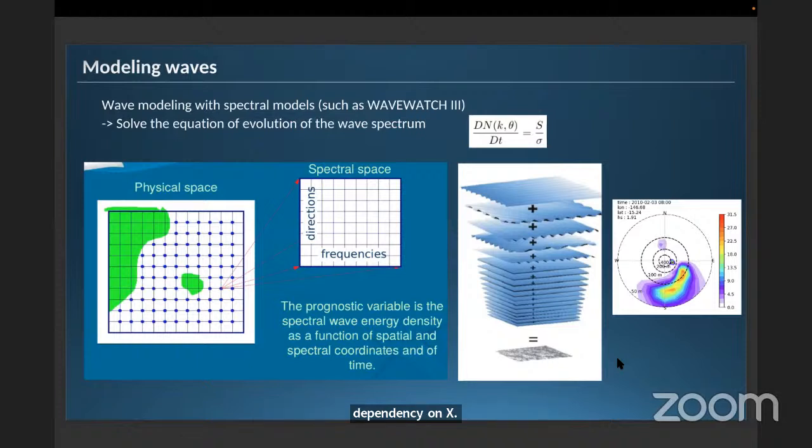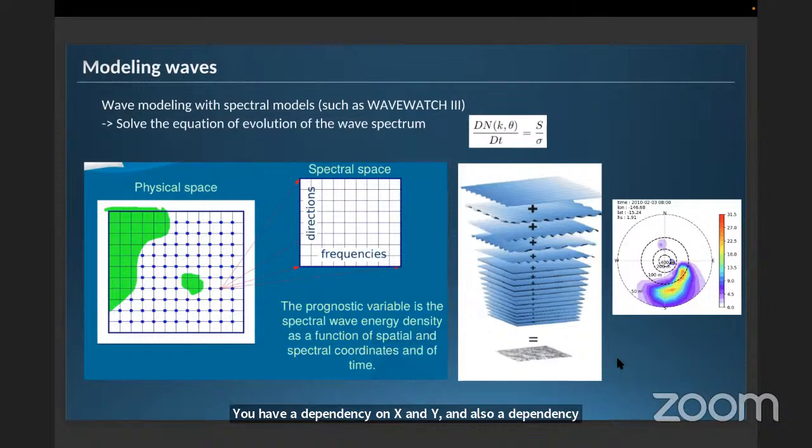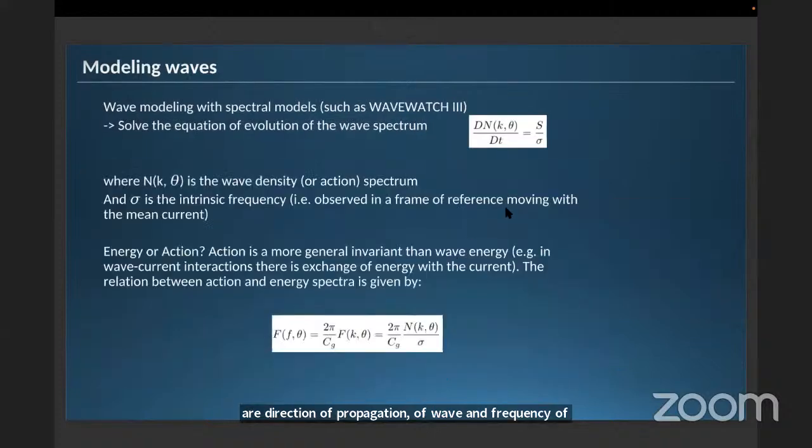But in a spectral wave model, you have a dependency on X and Y, and also a dependency on the direction of wave propagation and the frequency or period of waves. So this is something to remember: you always have these variables that have two additional dimensions, the direction of propagation of waves and the frequency of waves. And we are solving this equation, which is the conservation of action.